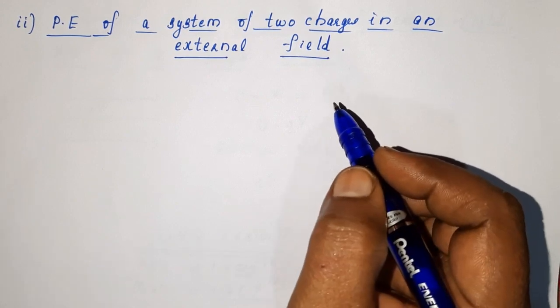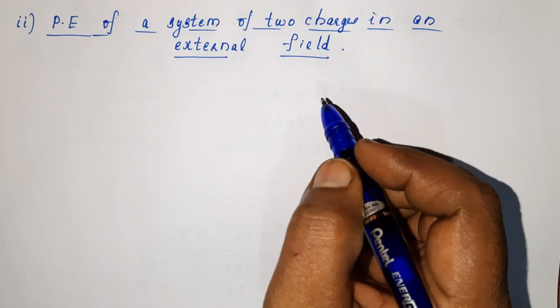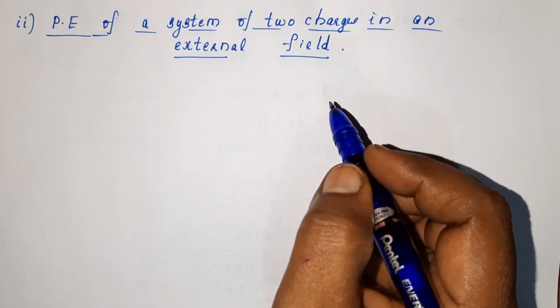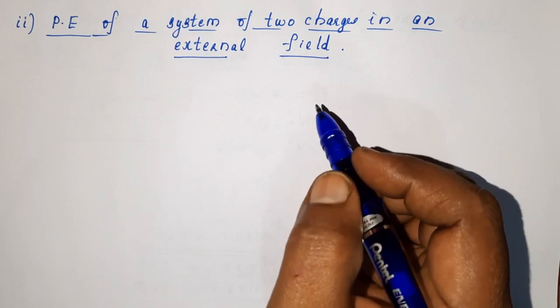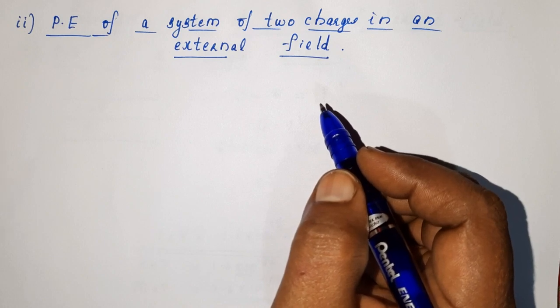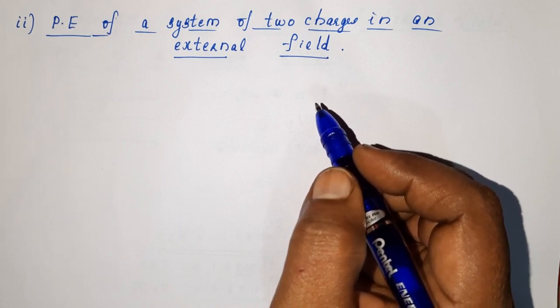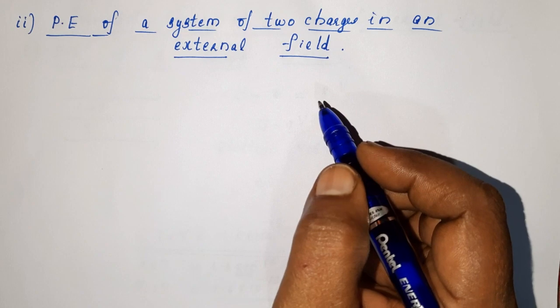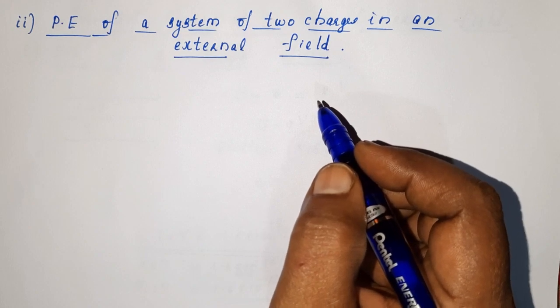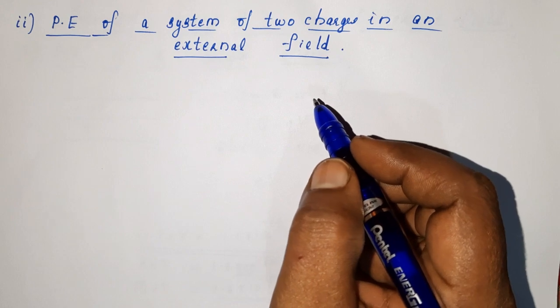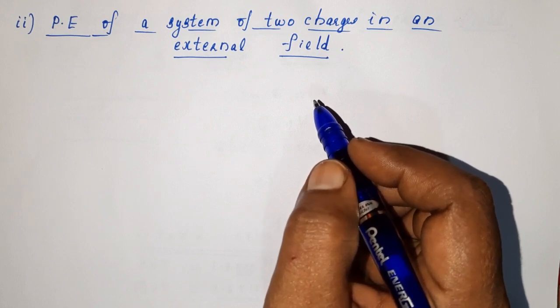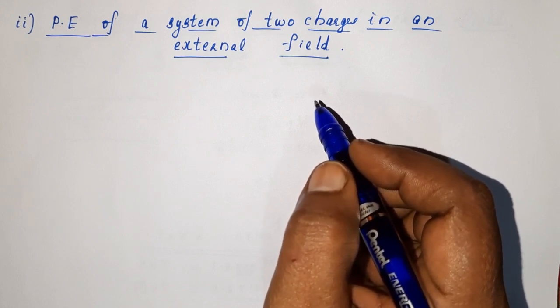Before starting with this, let me ask one thing. We already discussed potential energy of a system of charges in the previous session. So how did we find it? I said you first count the number of pairs, then for each pair you write that particular term, then add.